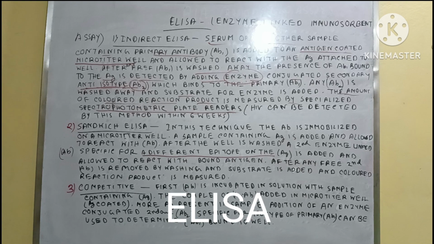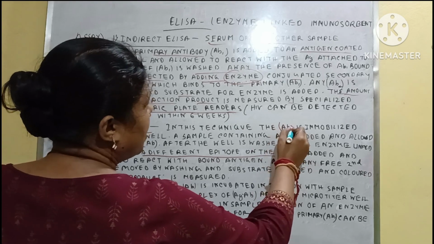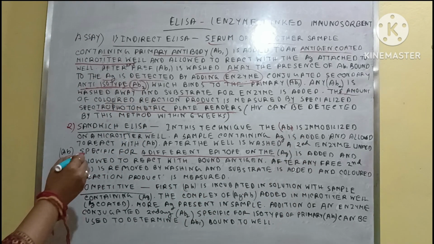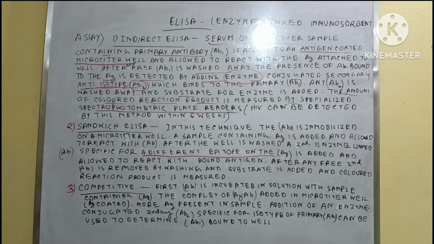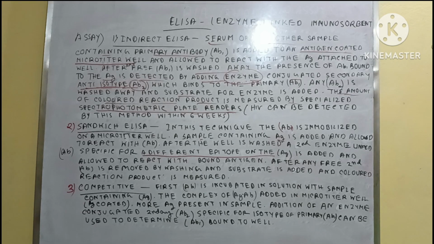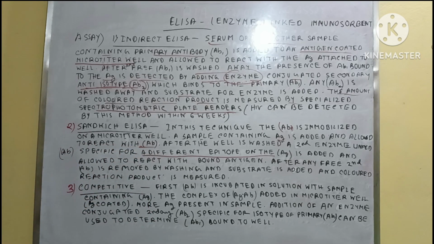So next one is the sandwich ELISA. What is happening here? The first antibody, AB1, is immobilized and already present in the microtiter well, and then a sample containing antigen is added and allowed to react with the AB, or you can say the primary antibody.